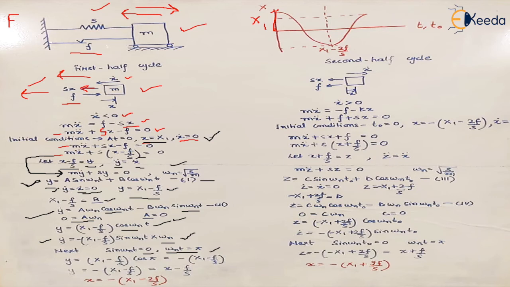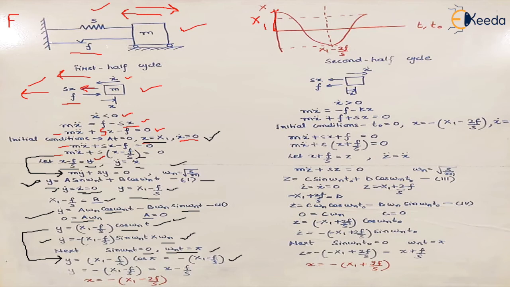But what will be the displacement in that condition, when omega nt is pi? It will be (x1 minus f upon s) cos pi, and cos pi is minus 1. So the expression will be the negative of (x1 minus f upon s). And we know what y is. Initially we assumed y to be x minus f upon s, displacement minus frictional force upon s.